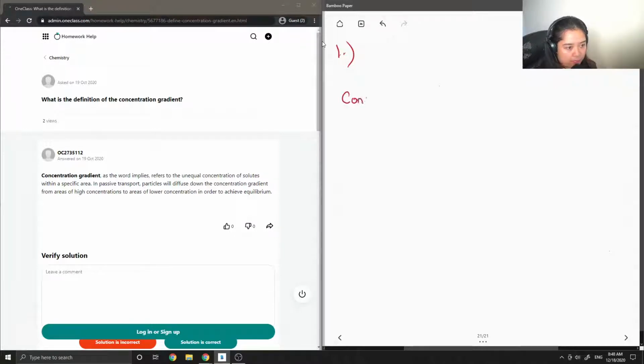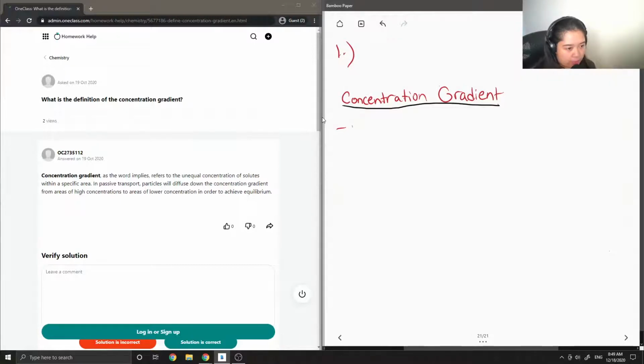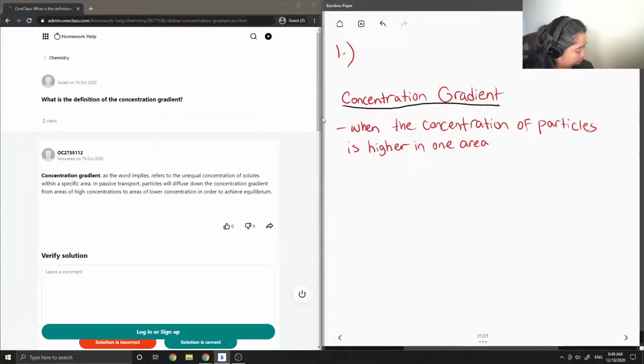Okay, so the concentration gradient, this is when the concentration of particles is higher in one area and lower in another.